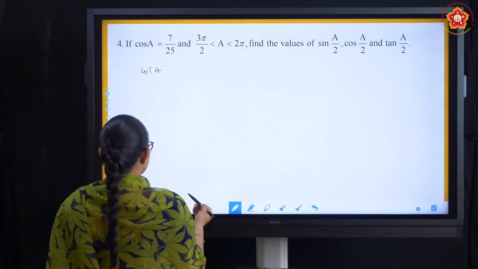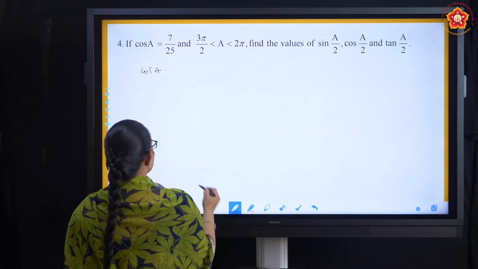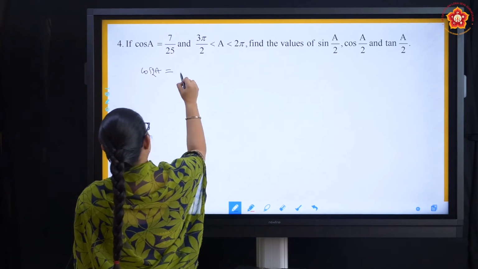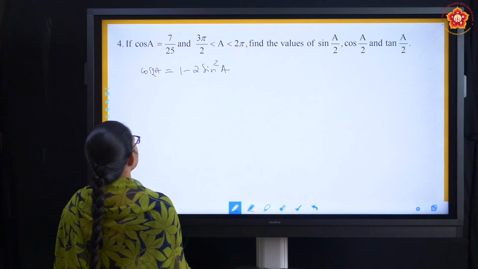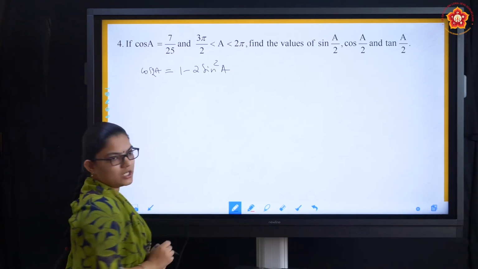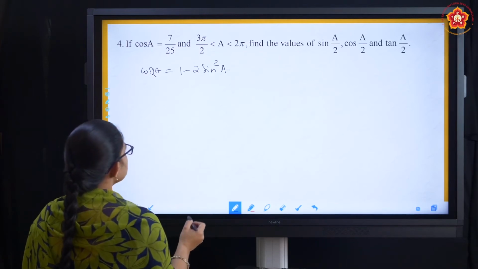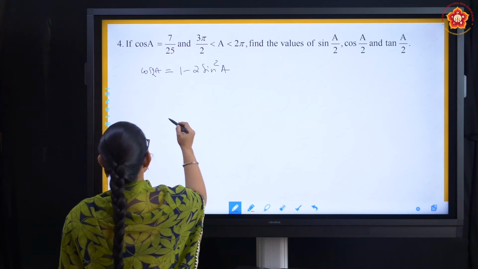So we can make use of the cos 2x formula. That is, we know cos 2x in terms of sin, that is 1 minus 2 sin square x. Now we are asked to find out what is sin A by 2. So before that, what is sin A? Let us find it out.